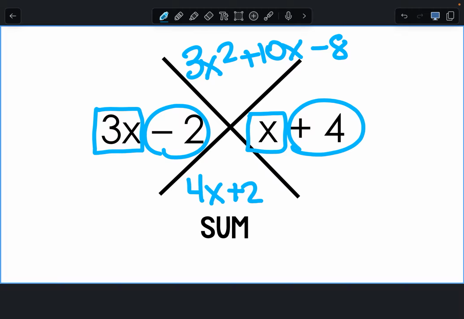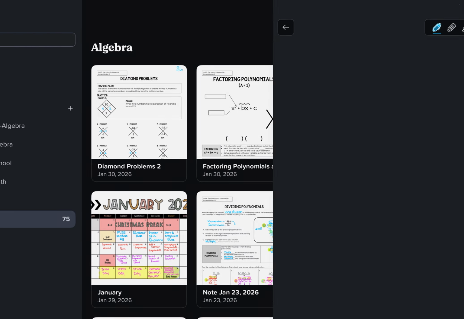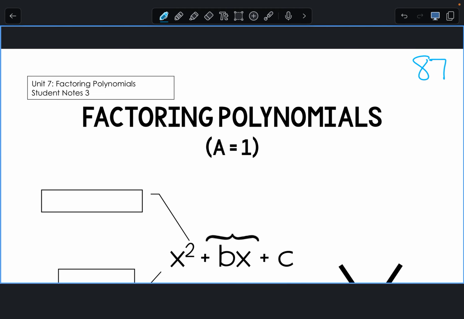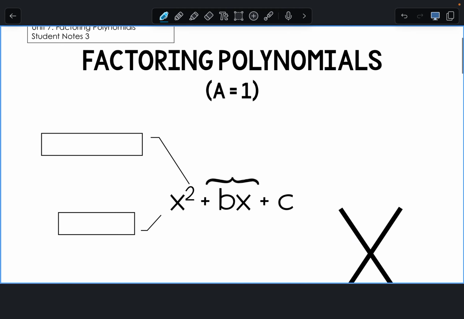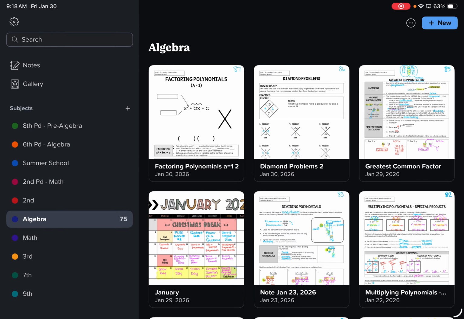So that all transfers over to what we're supposed to do today anyway, which is factor polynomials. This is page 87. Last week we learned how to multiply two binomials using FOIL and the box method.